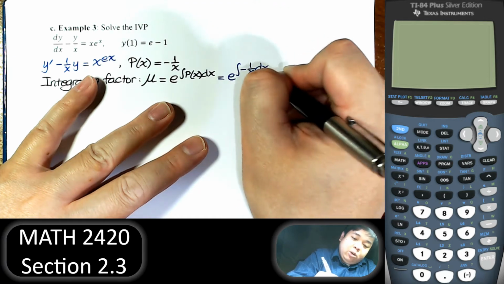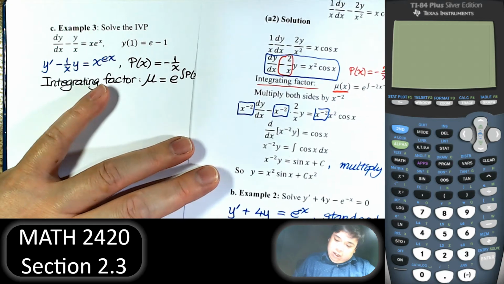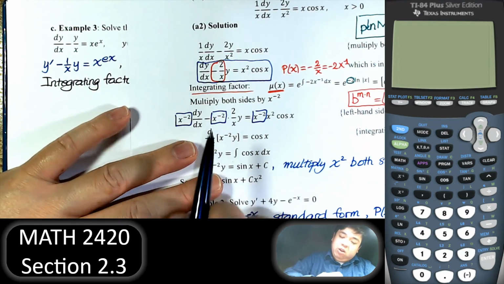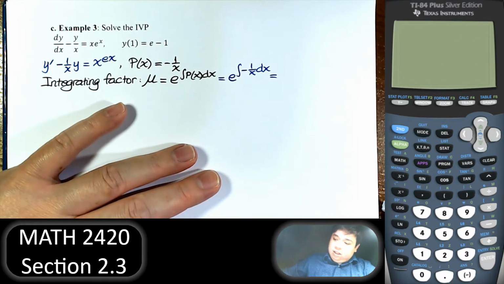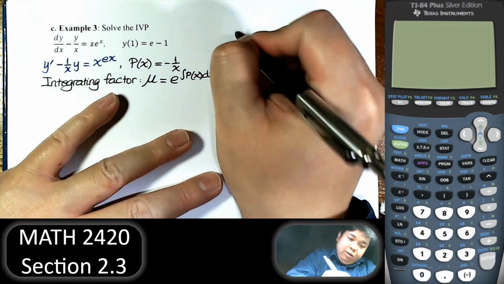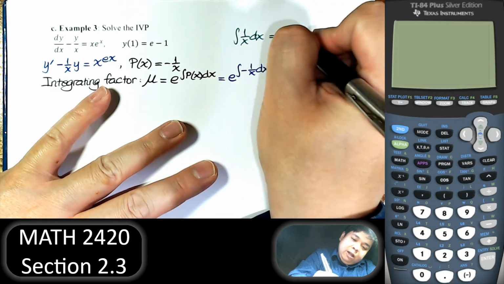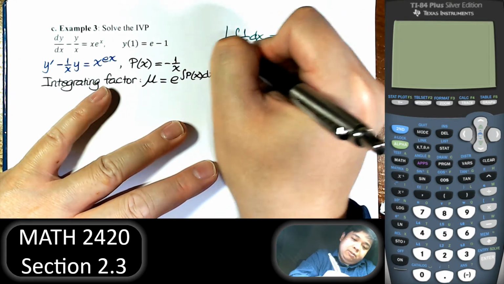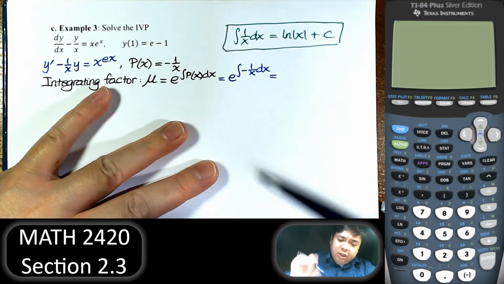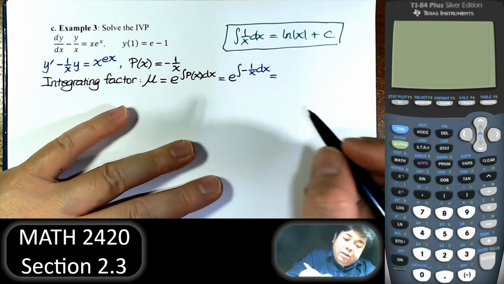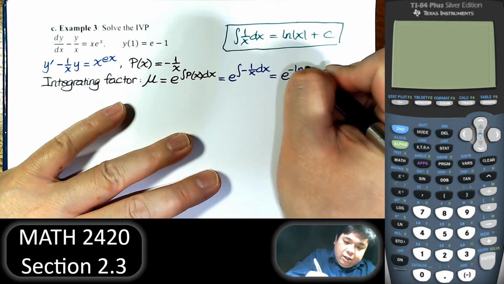The integral of 1 over x is ln, just like the first example. The integral of 1 over x is ln of x plus c, sorry, ln of absolute value of x. Right. So this gives us e to the negative ln absolute value of x.